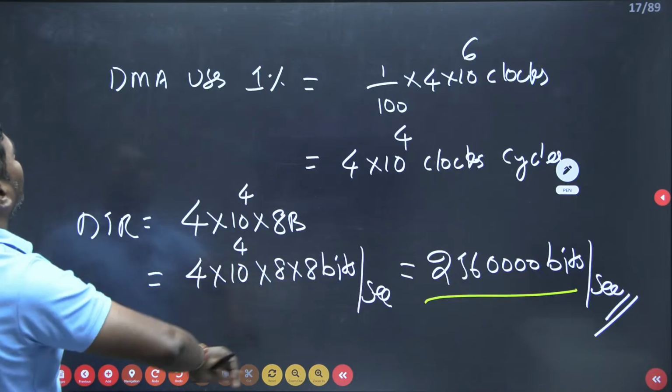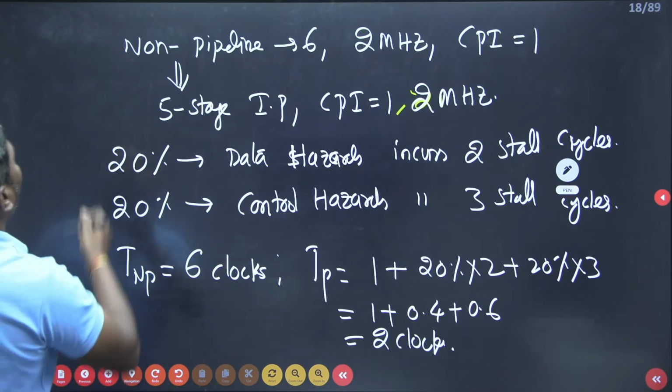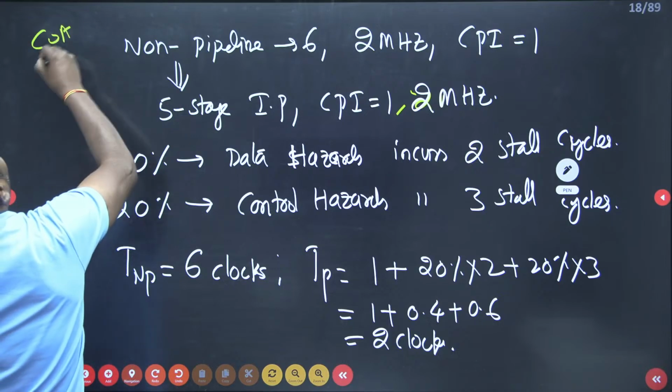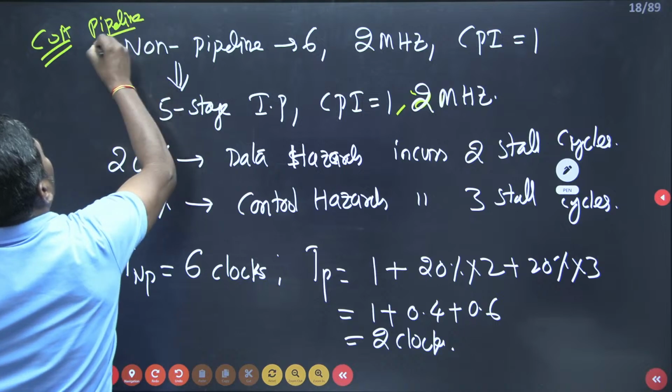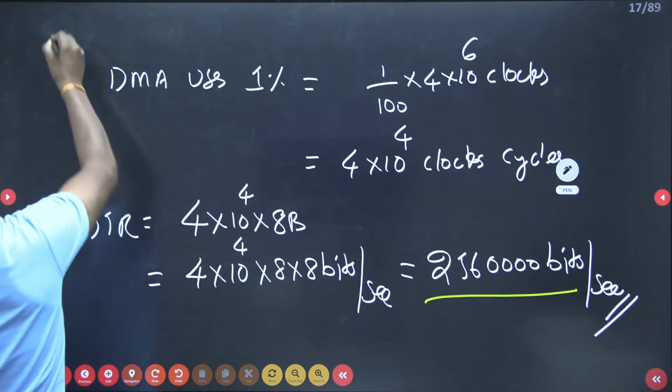Answer should be 3. This is a COA pipeline question.